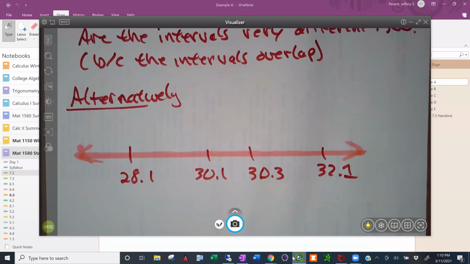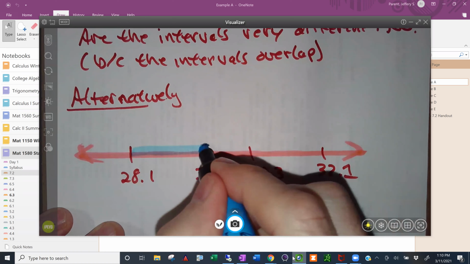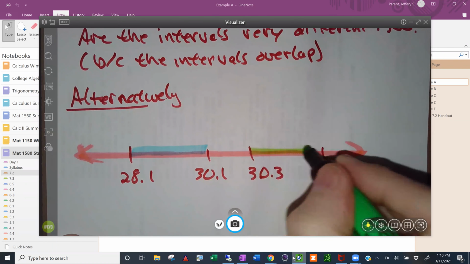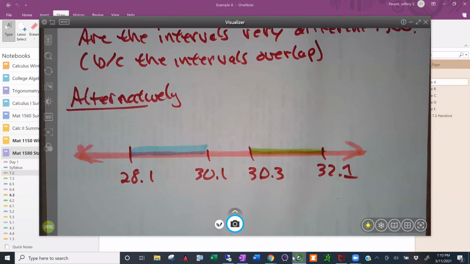If I had intervals like this, so I had this one here and this one here, then those would be very different. There's no way that both of these could be correct. At most, one of them is correct, right? So this would be something that'd be very different in terms of the author's mind, and mine for that matter, because they don't overlap. They can't both be true at the same time. So that's the big point here, I think.